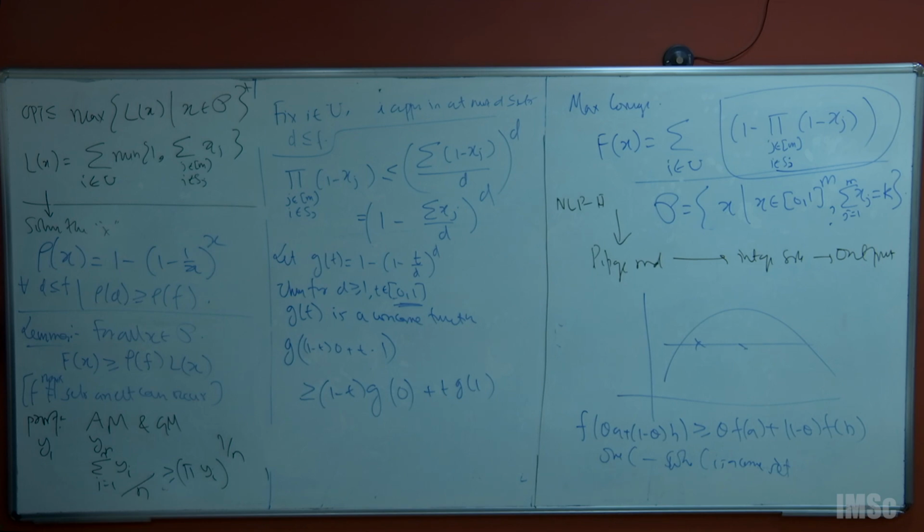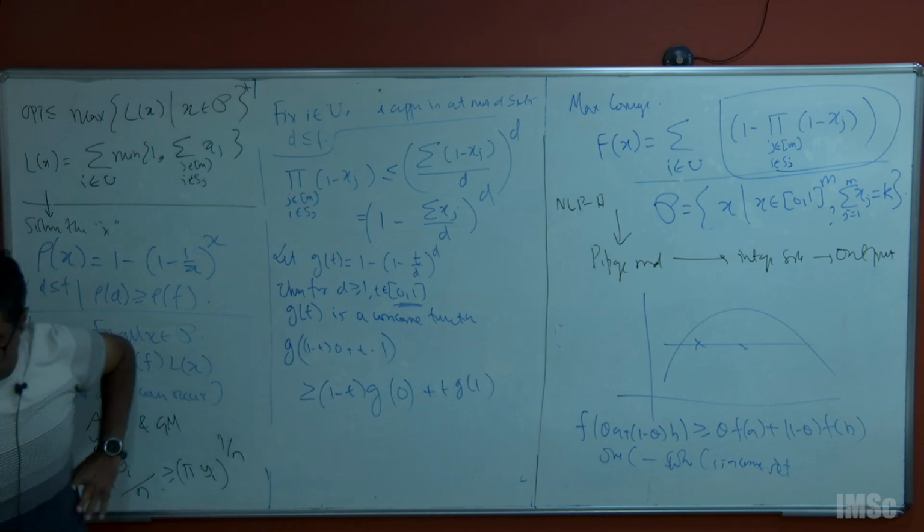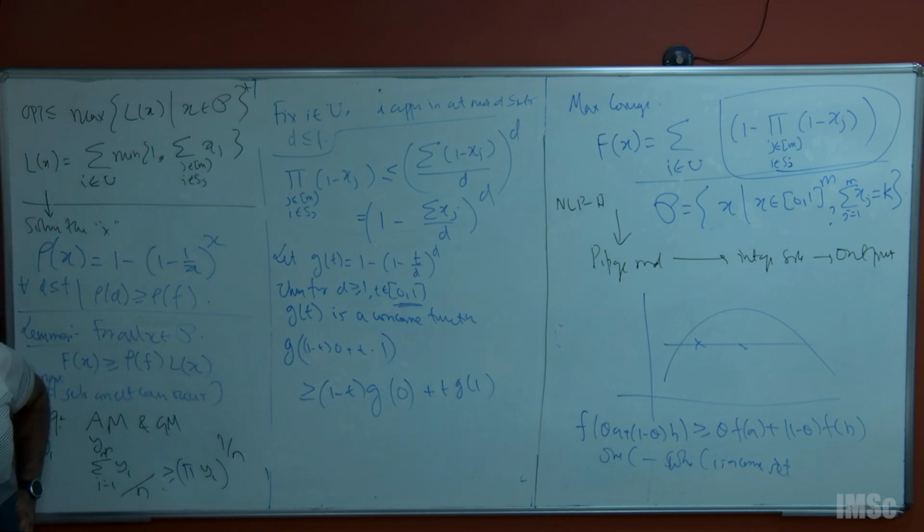Even if I substitute, xi is at most... but you are right, the summation of xj could be negative. And what will that change? Even if it is negative, will it change something?